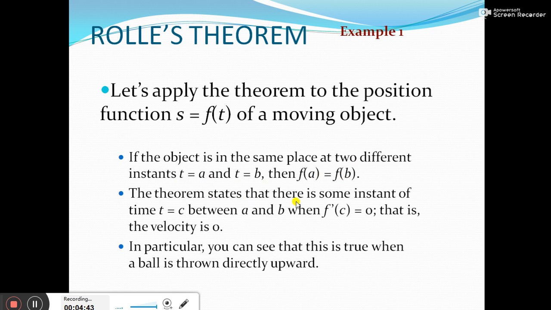The theorem states that there is some instant of time t is equal to c between a and b when f'(c) is equal to 0. f'(c) is equal to 0 means its velocity is 0. In particular, you can see that this is true when a ball is thrown directly upward.